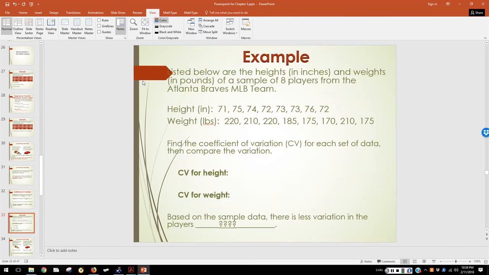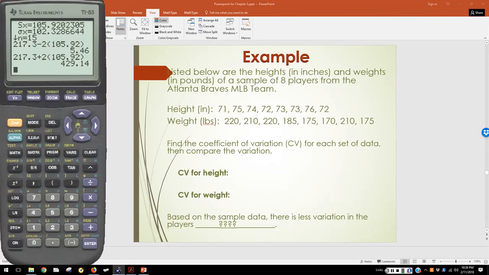So for example, let's try looking at the Atlanta Braves. We're going to enter the weights and the heights of the Atlanta Braves.